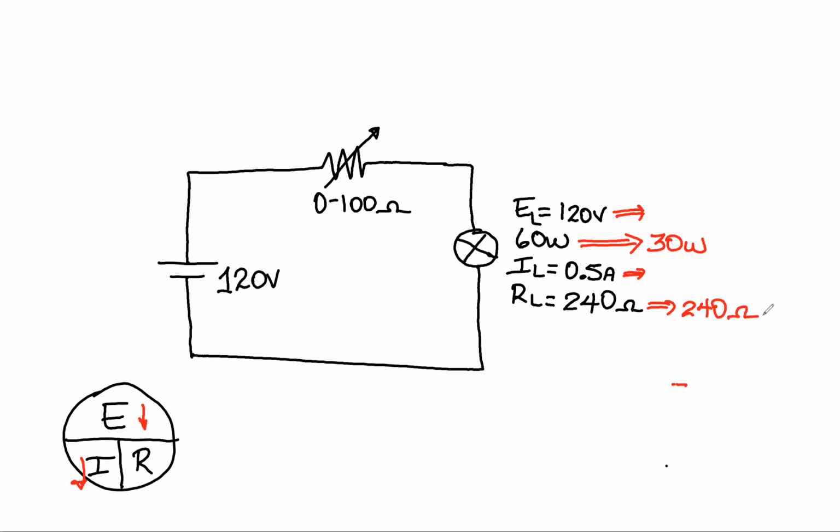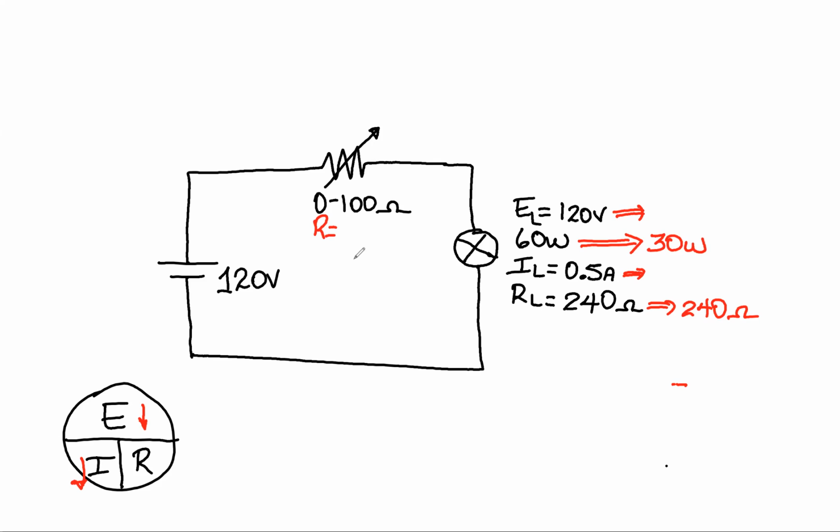Now, in order to reduce this voltage, this resistor that is connected in series with my light bulb will have to be increased in its resistance value. So I want to know how much I increased this rheostat to.